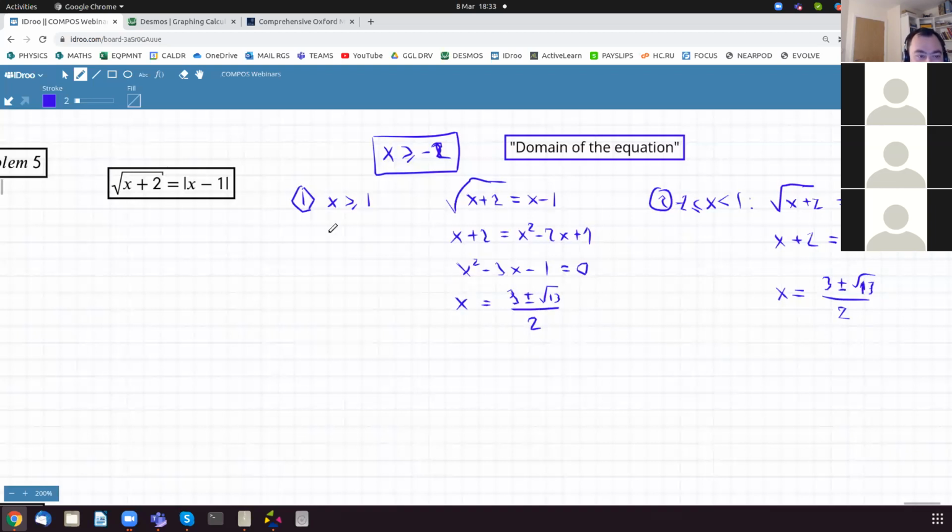From here, because x is greater than 1, there's only one solution possible: x is 3 plus square root of 13 over 2. And for the second one, because it has to be less than 1, the only possible solution is the minus, so 3 minus square root of 13 over 2.